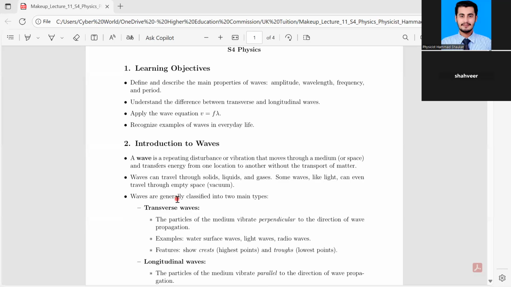If you disturb some medium, definitely a wave would generate. And what is meant by medium? Medium means a number of particles. If there are a number of particles, there is some medium. If there are no particles, there is no medium.